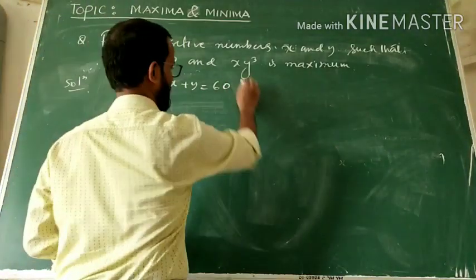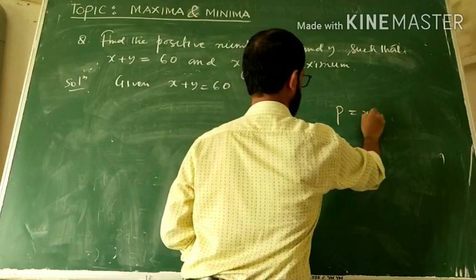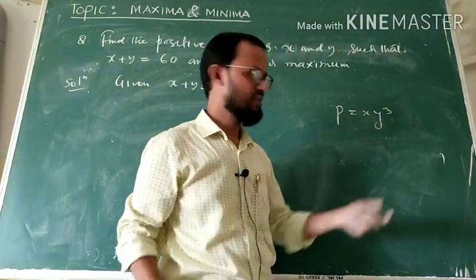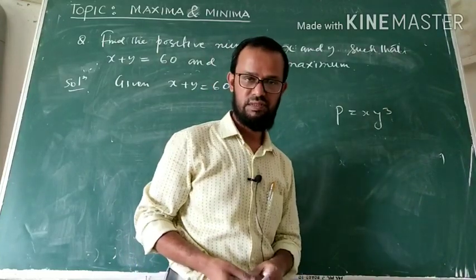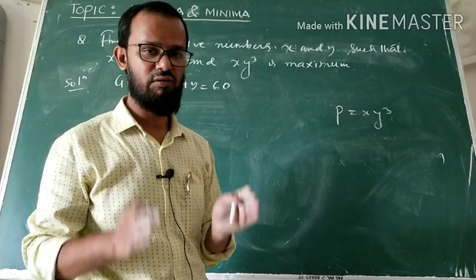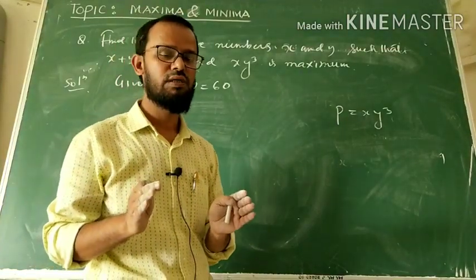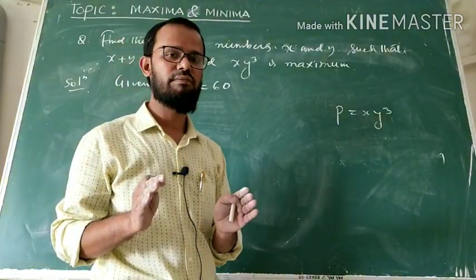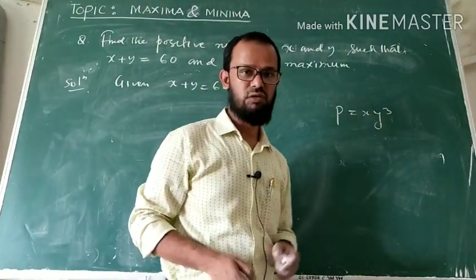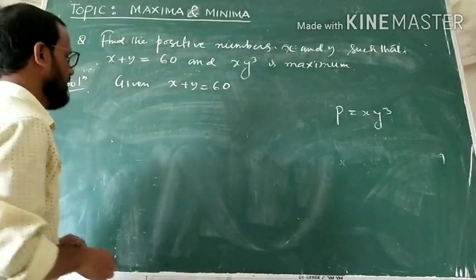In this particular product, if you represent p is equal to x y cube, and you replace y in terms of x, then it will be a complicated figure. So better to replace x by y, so that it will be easy for us to solve the problem.